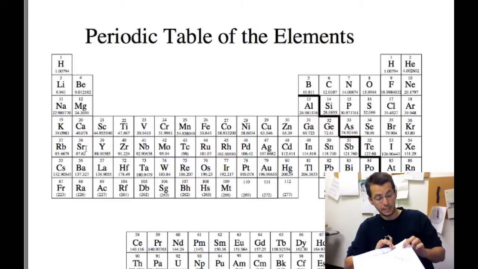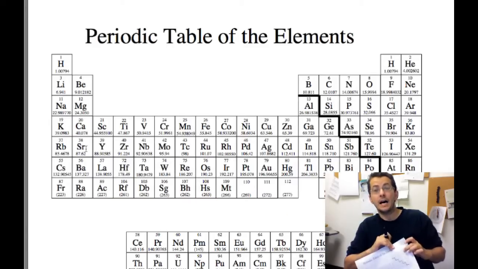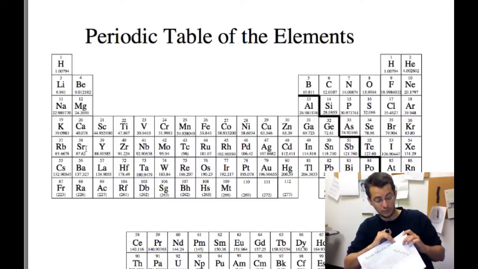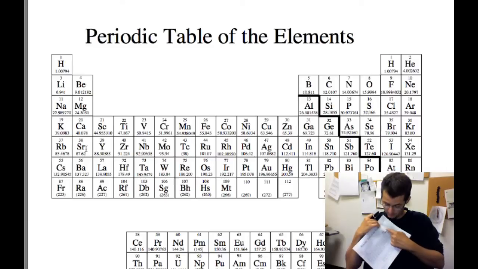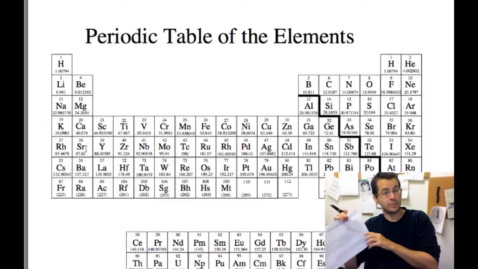Whereas everything over here, the last column, typically doesn't form any ion. This row here, the halogens, typically form a -1 species, whereas the chalcogens typically form a -2 species. Nitrogen and its family generate a -3 species. And again, this line represents a break.